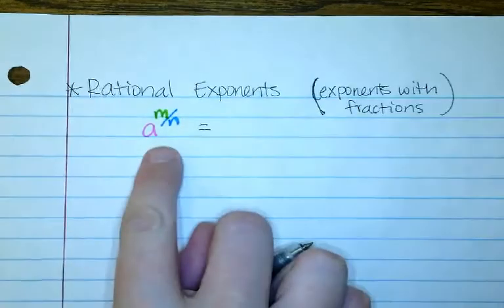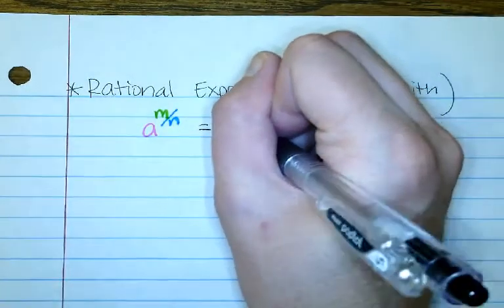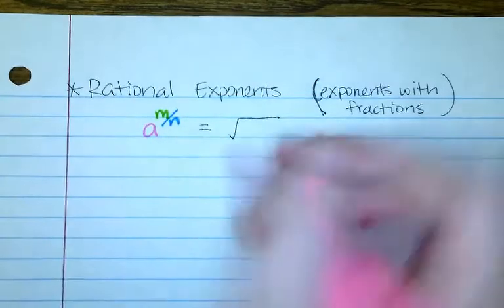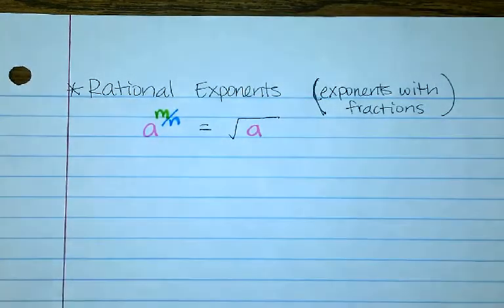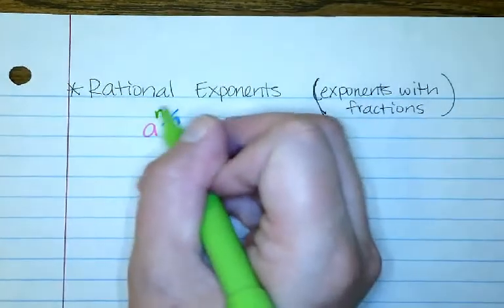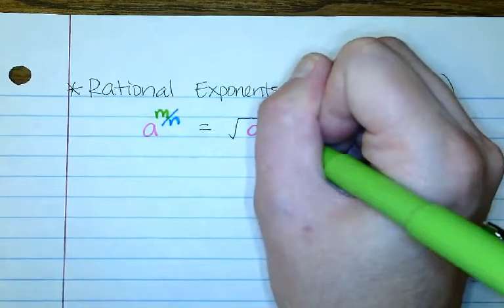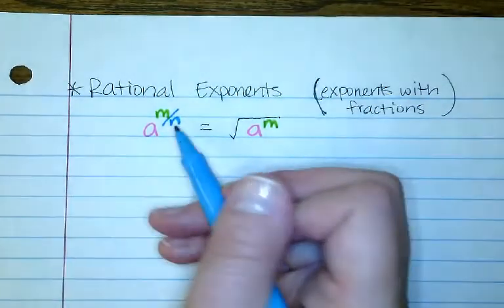We're going to rewrite it in radical form. So how we're going to rewrite this, guys, is our base is still the base. The numerator is going to become our exponent, or our power here. And then the denominator is going to become your root.